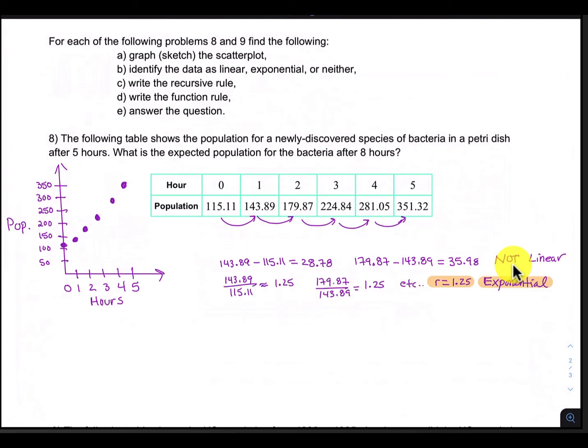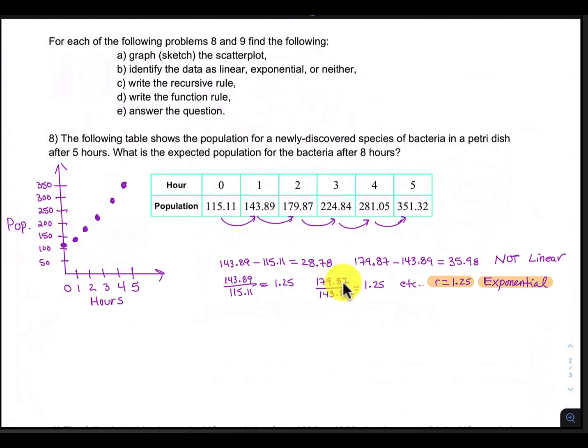Now let's see if it's exponential. If it's exponential, then you're multiplying by the same amount. So to find the common ratio, we would take the second number and divide it by the first number. So that's 143.89 divided by 115.11, and we get approximately 1.25. Take the third number divided by the second number to see if we have a consistent common ratio.